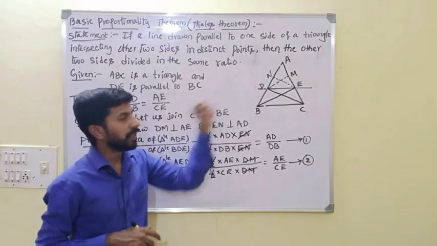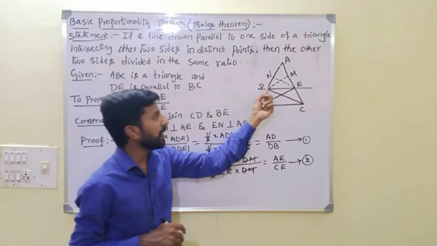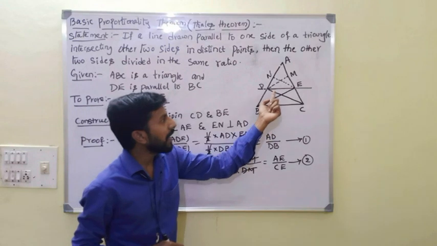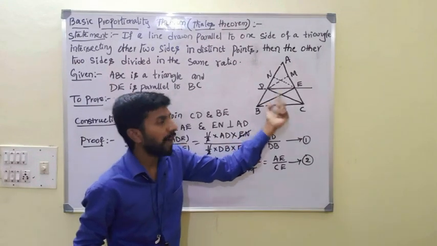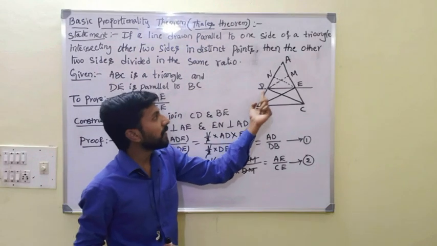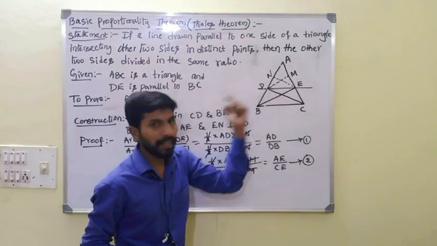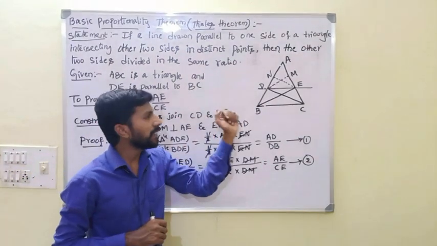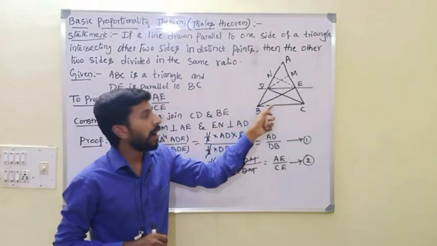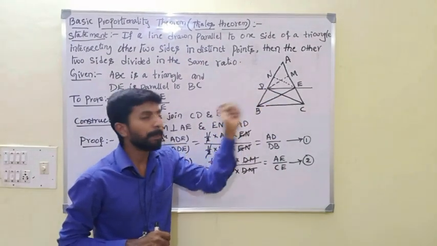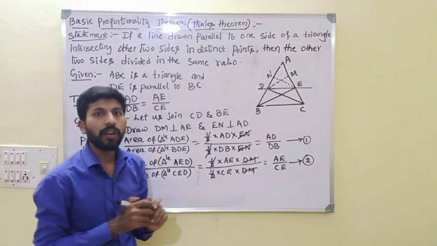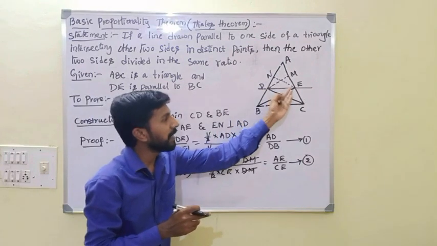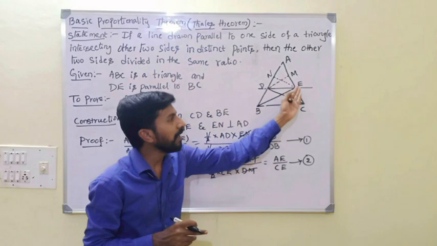Now observe here. We have triangles BDE and CED. They both lie between the same parallels BC and DE, and they both have the same base DE. In your earlier class, you have learnt that if any two triangles have the same base and lie between the same parallels, then their areas are always equal. So from that I can say the area of triangle BDE is equal to the area of triangle CED.